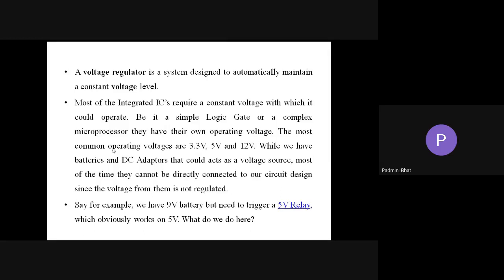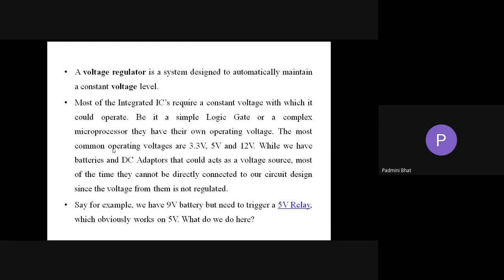Suppose in your CPU, some parts require plus 12 volts, some require plus 3.3 volts, and some require plus 5 volt. For that you don't have to plug in 3 AC connections. One AC connection is sufficient. From there you take the signal, pass it through the transformer, and then regulate it separately. That is possible.